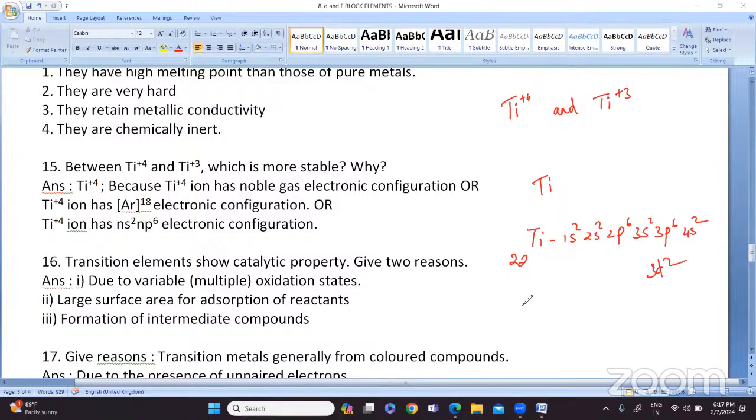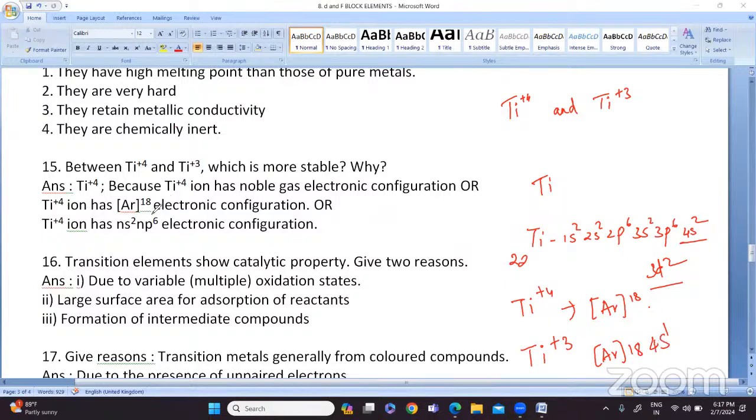Now when it is titanium plus 4, the outermost electrons are removed, and it becomes argon, 18. And when it is titanium plus 3, it becomes argon 18 plus 1, so it will be 4s1.